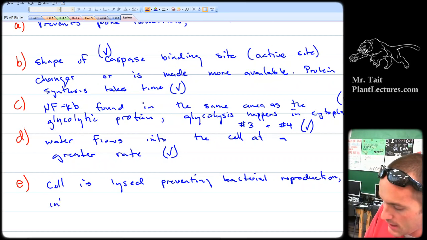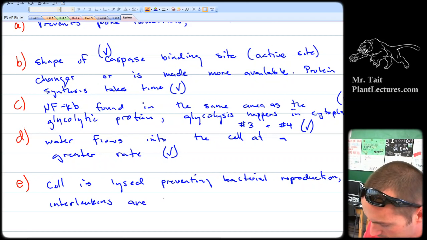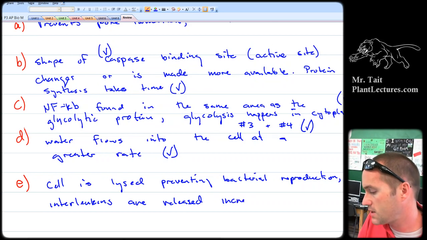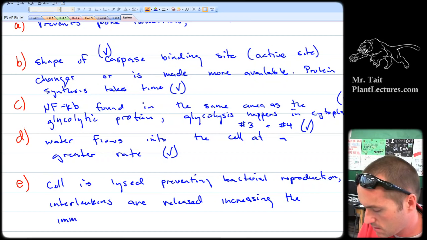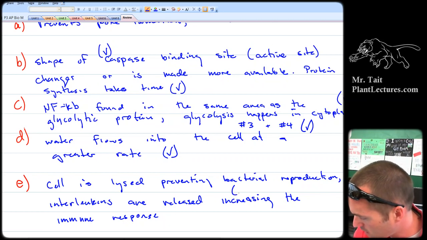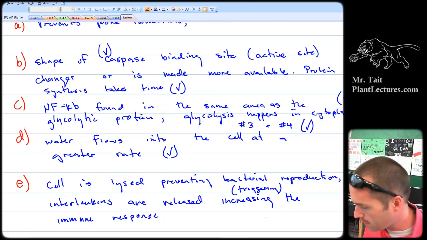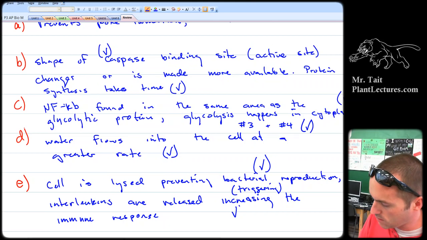And then interleukins are released, increasing the immune response. I think you could have said increasing the immune response, or in this you could have said triggering here too. Triggering the immune response. So 1 here and 1 here.